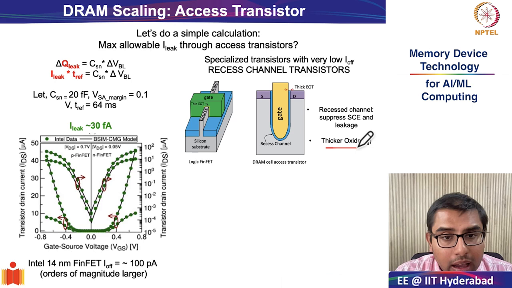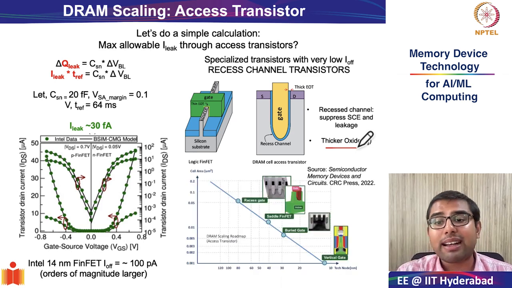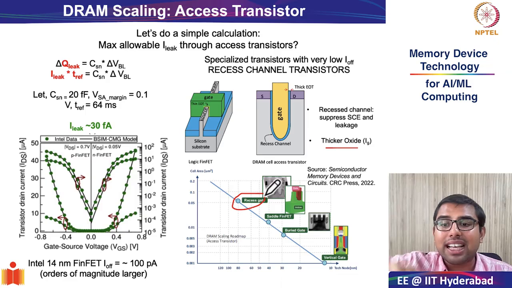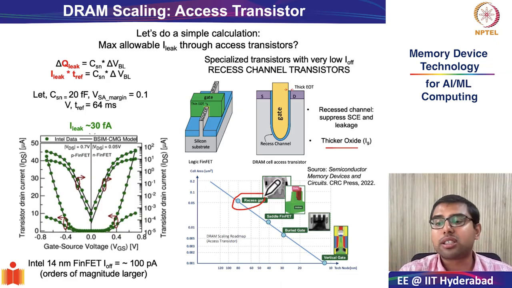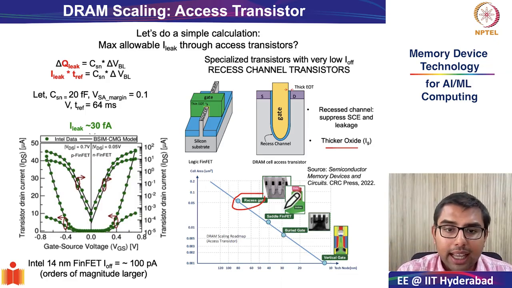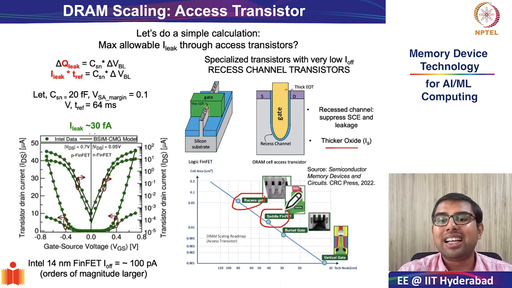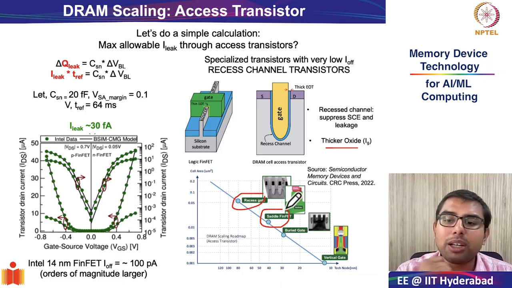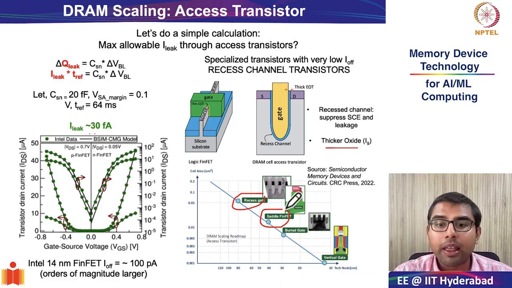Okay. There are several advancements that have been made in the recess channel access transistor. In the 90 nanometer node, we just discussed the U-shaped recess, which helps in suppressing the off-state leakage. In the 45 nanometer technology node, you started using the saddle FinFET structure, which gives you much better immunity to short channel effects and therefore lower leakage current.